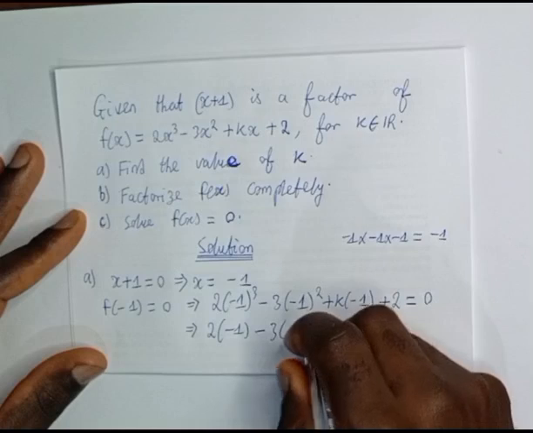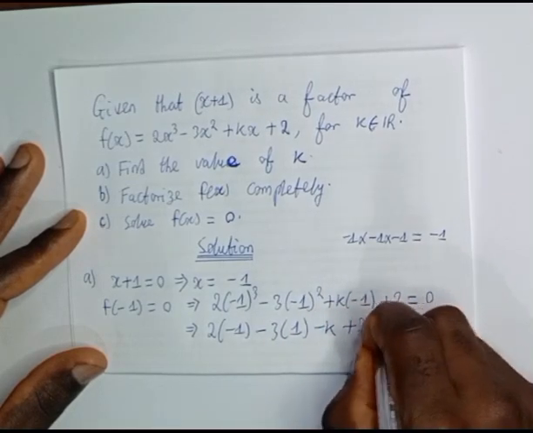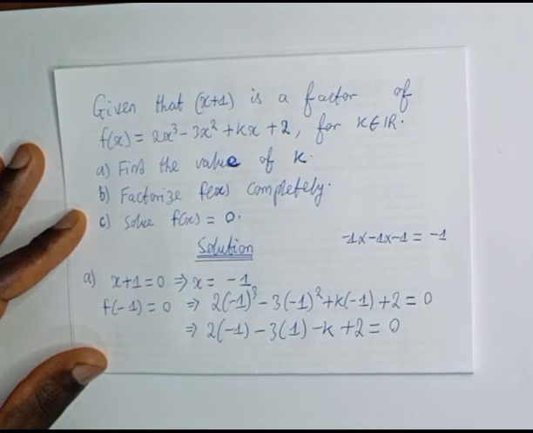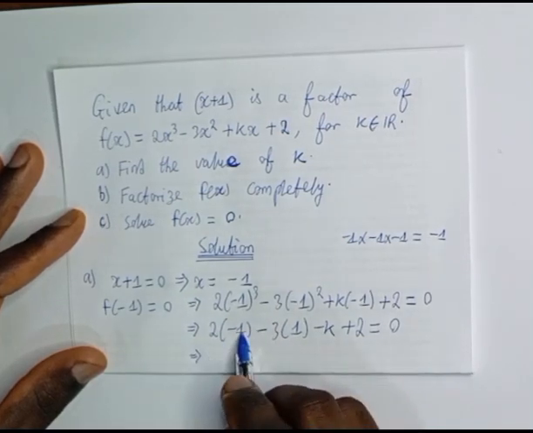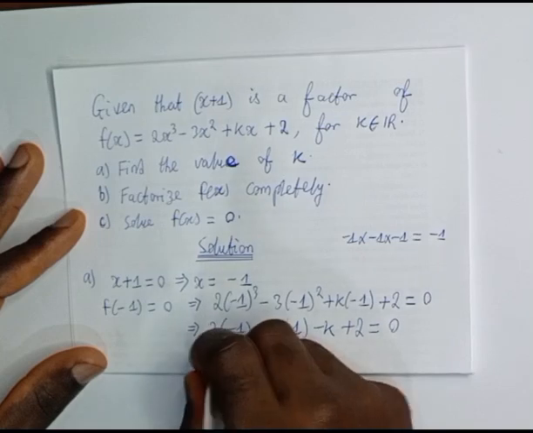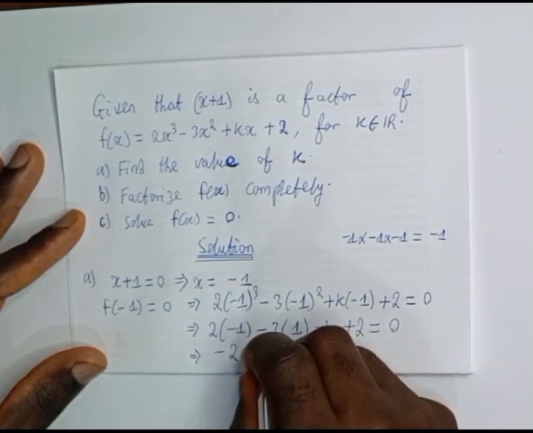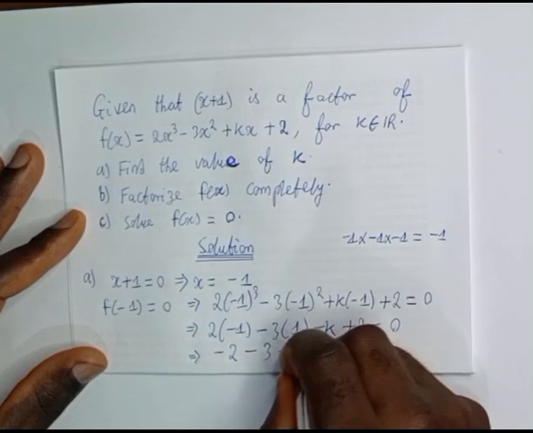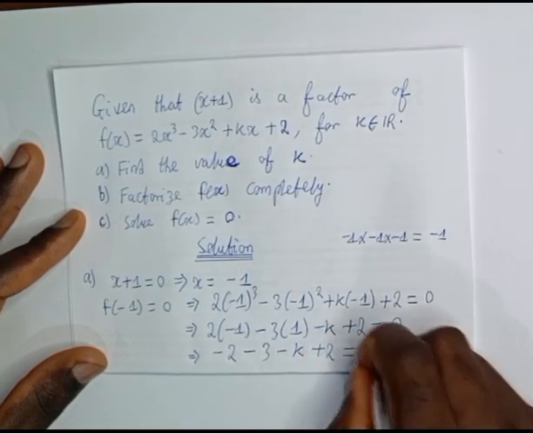K times negative 1 gives us negative k plus 2 is equal to 0. Then 2 times negative 1 gives us negative 2, minus 3 times 1, which is 3, minus k plus 2 is equal to 0.